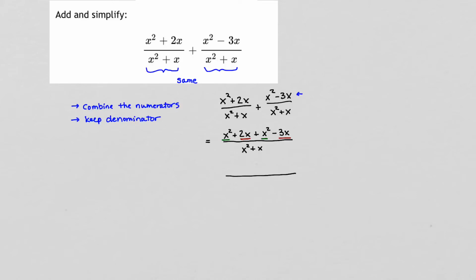1x squared plus another x squared gives me 2x squared. And then 2x minus 3x gives me negative x. We combine the coefficients, the numbers in front. We keep the denominator the same, which is x squared plus x.